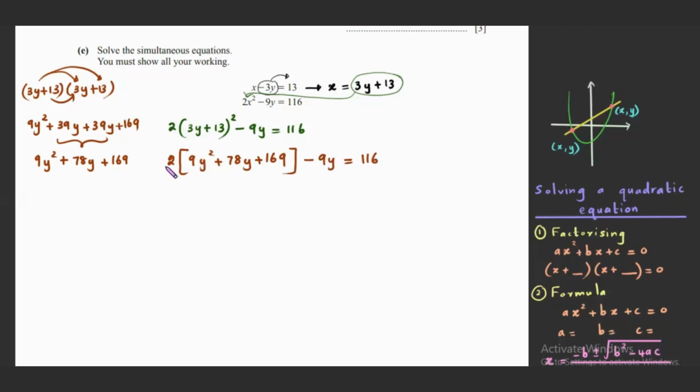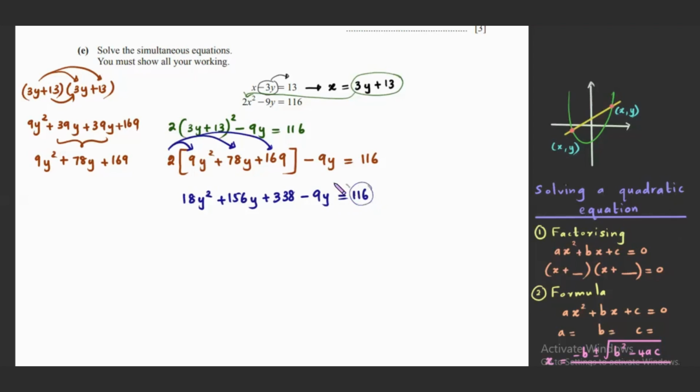I'm going to expand this by multiplying all 3 terms inside the brackets with the 2 that is outside the brackets. So 2 times 9y squared is equal to 18y squared. 2 times 78y is equal to 156y. Then I have 2 times 169, which is equal to 338. And then I have this minus 9y, which is equal to this 116.